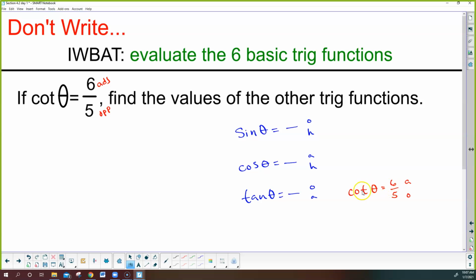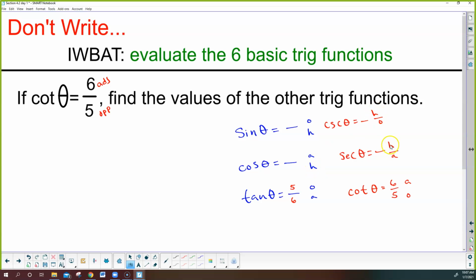But notice, if I know cotangent, I'm just going to flip that around, and I automatically know tangent. Then the next one I could find out is maybe secant, and secant is the hypotenuse over the adjacent. And that leaves cosecant as the hypotenuse over the opposite.